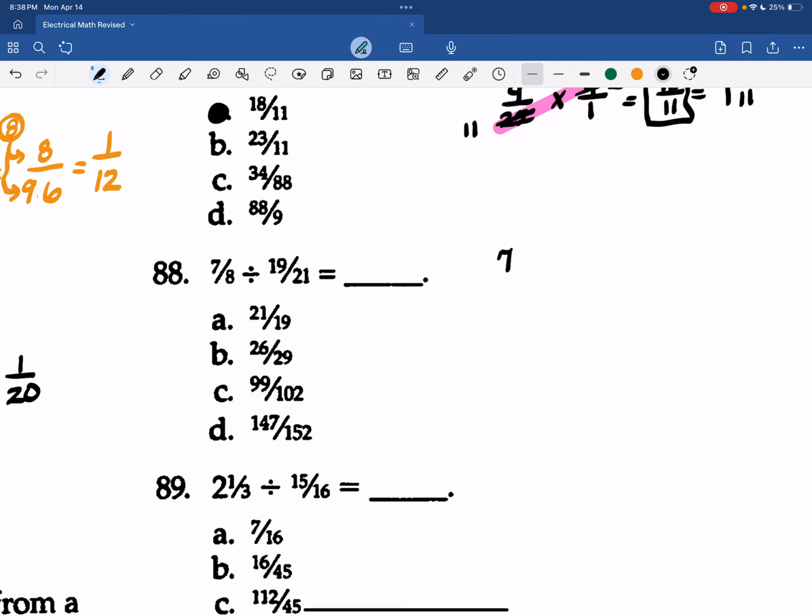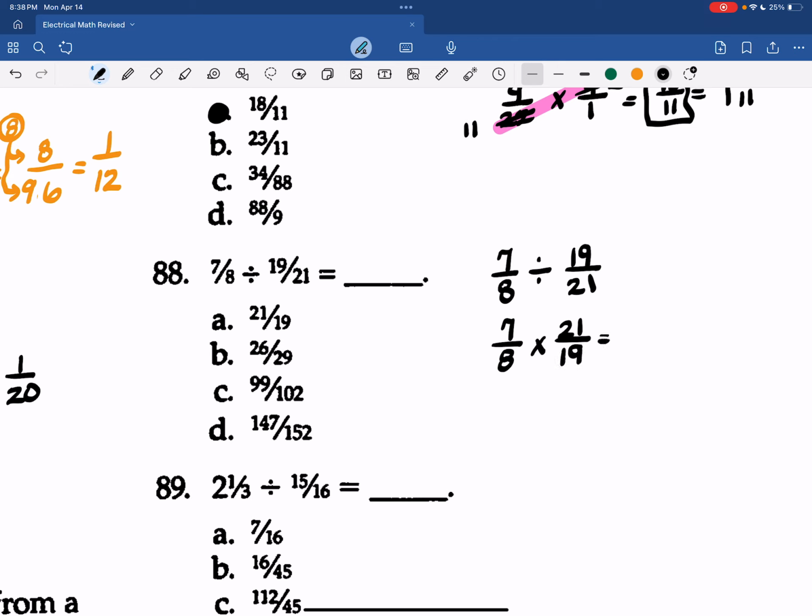7 over 8 divided by 19 over 21. I would love to cancel, but I can't. 7/8. Got to flip the fraction that follows, and that removes the option to cancel.